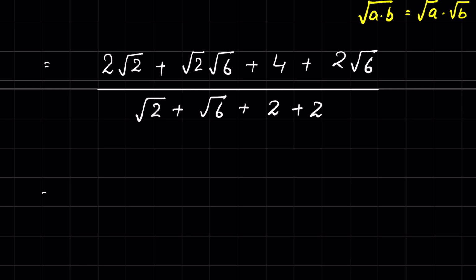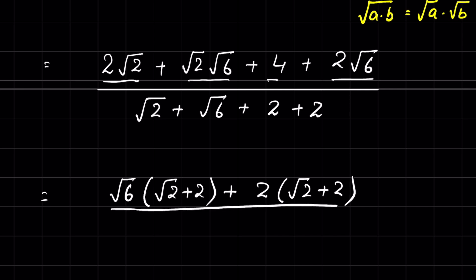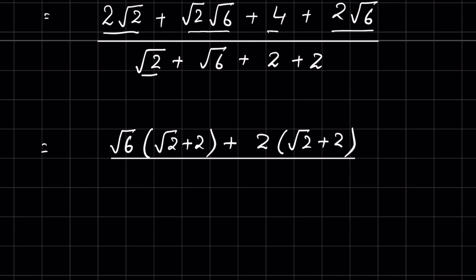Now in the numerator we can take these two numbers together and take square root of 6 common and write square root of 6 times square root of 2 plus 2, plus these two numbers together and take 2 as common and write square root of 2 plus 2, upon, now we can take square root of 2 plus 2 together, so square root of 2 plus 2 plus the square root of 6 and this 2 together, square root of 6 plus 2.